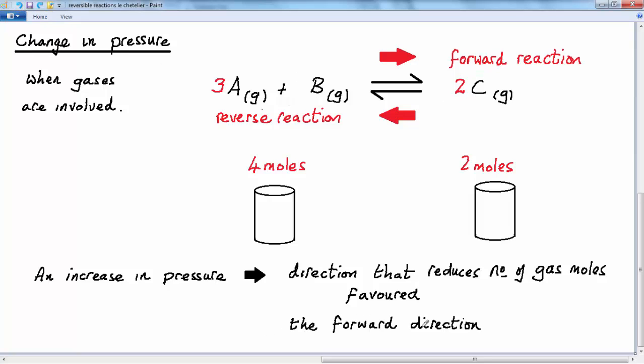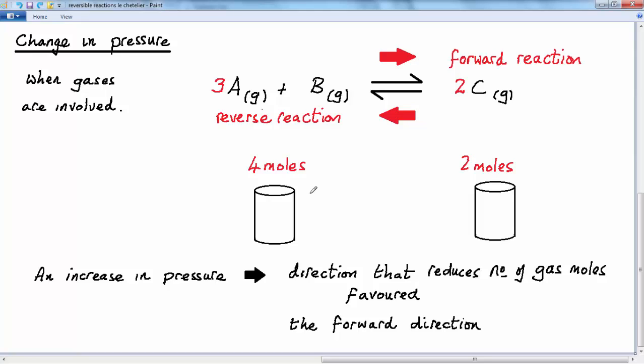So the forward direction will be favoured and the yield of gas C will increase. Conversely, if we reduce the pressure, then the backward or reverse reaction will be favoured, because the reaction will adopt the direction that opposes that change and it will try to increase the pressure.